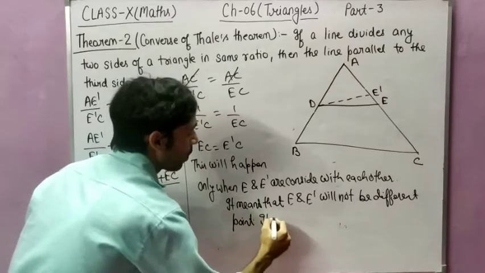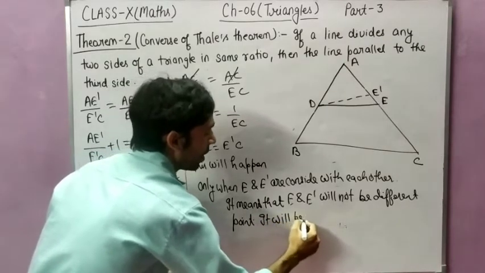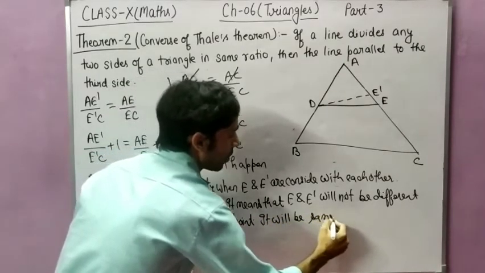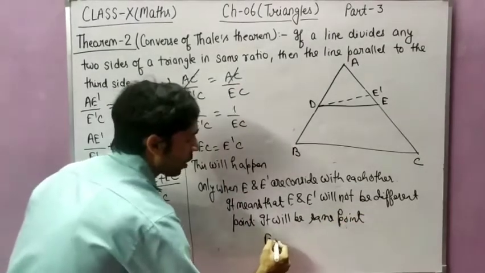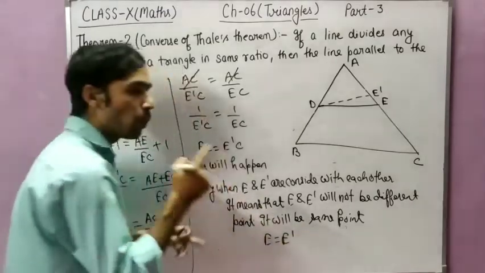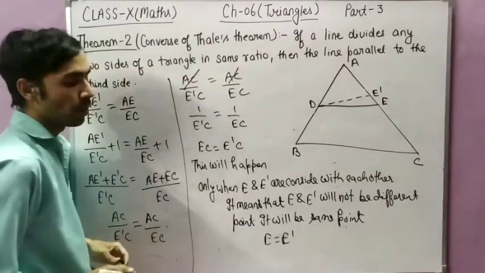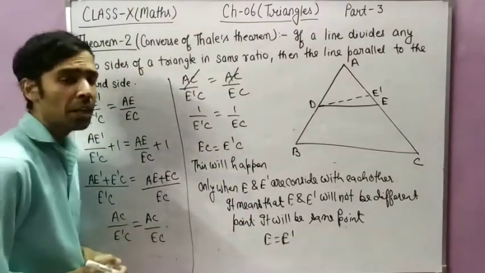It will be the same point. ठीक है, same point. So we can say E will be equal to E dash. ठीक है, जो पॉइंट E होगा वही हमारा E dash. Okay, E will be equal to E dash.